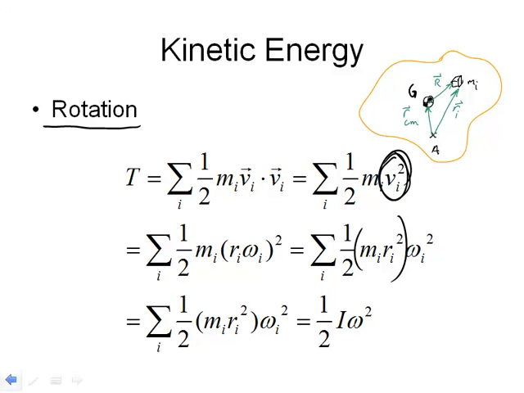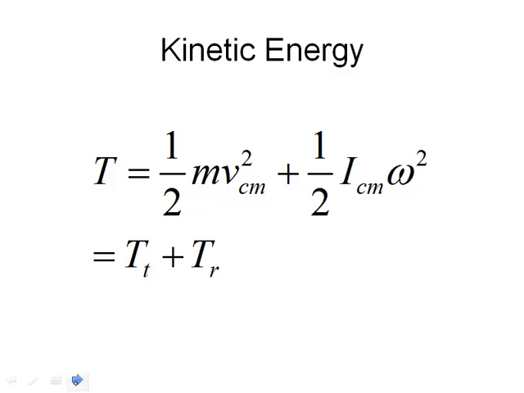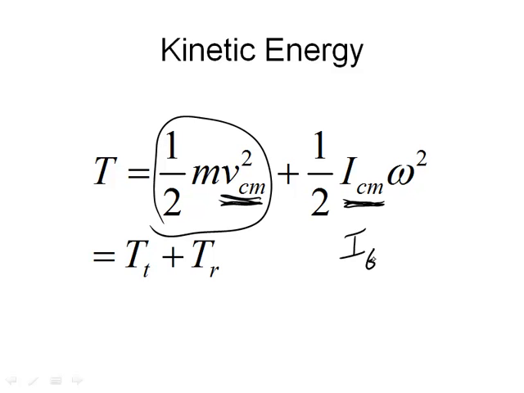Now, if the object is not rotating necessarily around a fixed axis A, if it's rotating around a moving axis, then what you really want to do is take the moment of inertia about the center of gravity. So as I look at the kinetic energy of an object that's rolling, or rotating and translating at the same time, the total kinetic energy is going to be 1/2 mv squared, and it's very important that velocity is the velocity of the center of mass, plus 1/2 I omega squared, and again, very important that the moment of inertia is the moment of inertia about the center of mass, oftentimes referred to as I sub g.